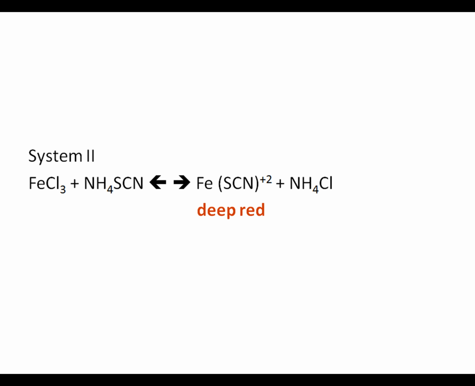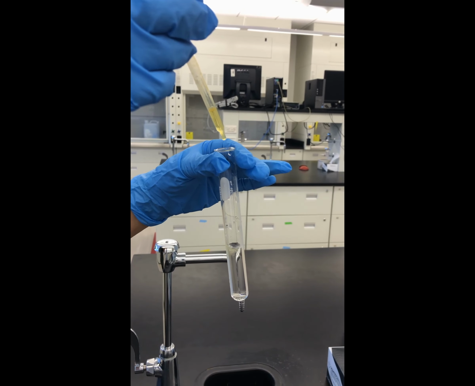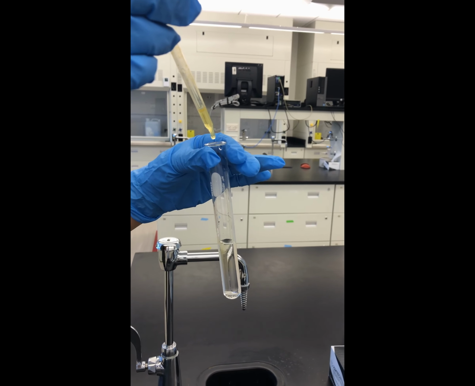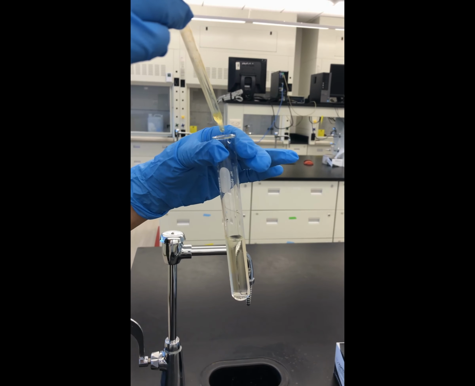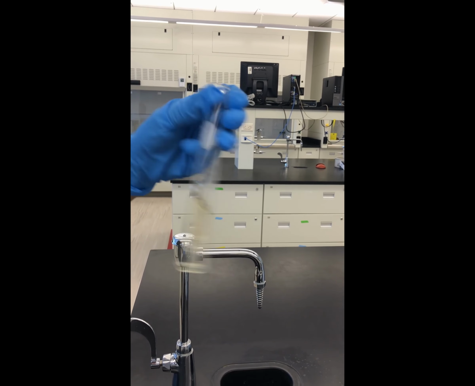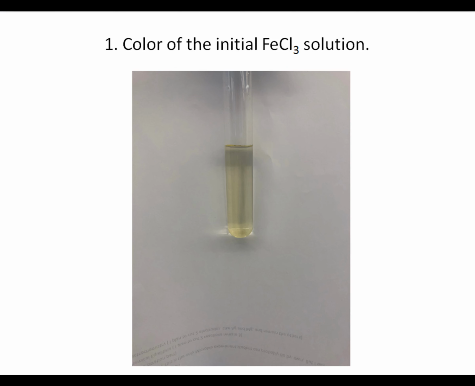Now we're going to move on to system 2, and you will record your observations. Here we are making the initial solution of FeCl3, iron chloride. Number 1, color of the initial FeCl3 solution.